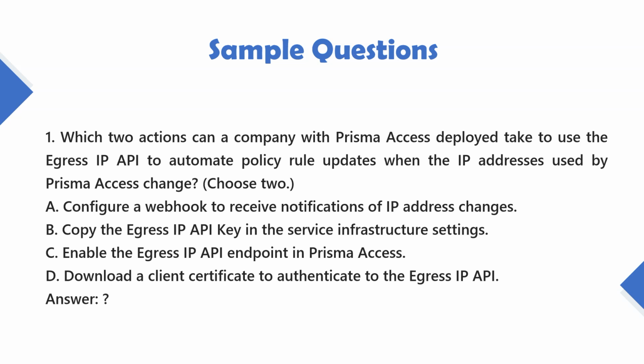B. Copy the egress IP API key in the service infrastructure settings. C. Enable the egress IP API endpoint in Prisma Access. D. Download a client certificate to authenticate to the egress IP API.